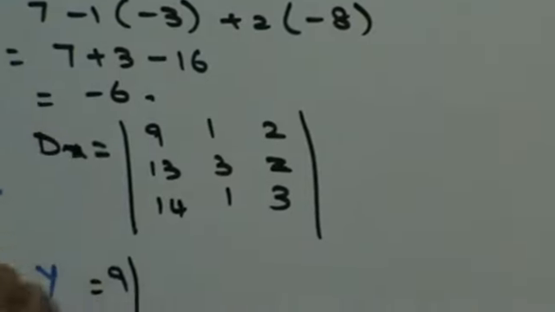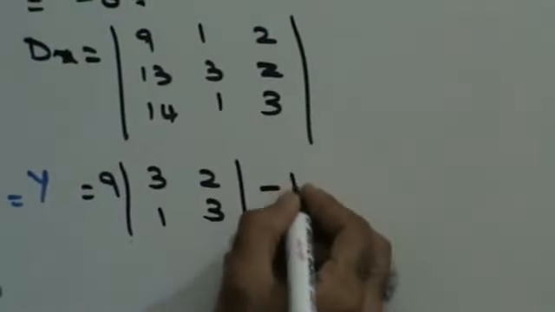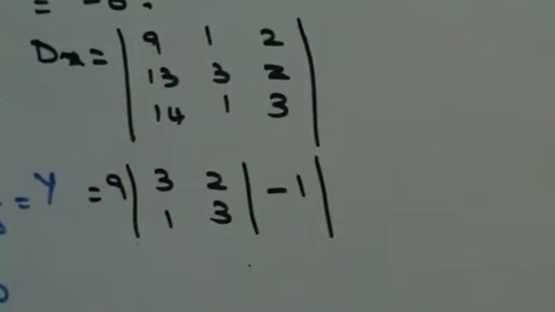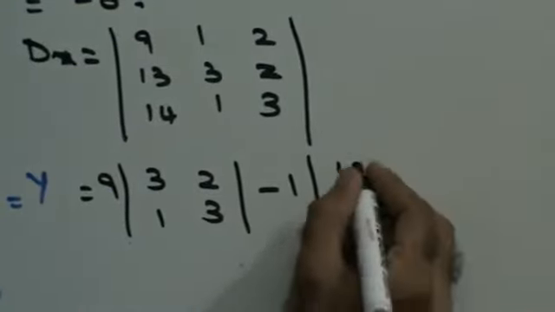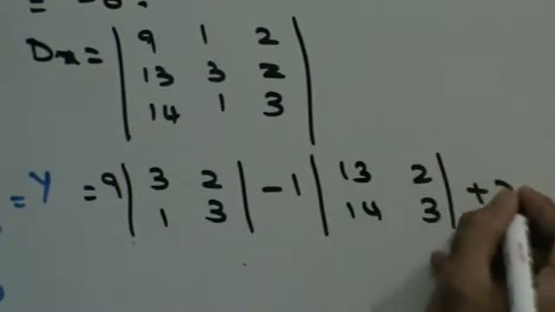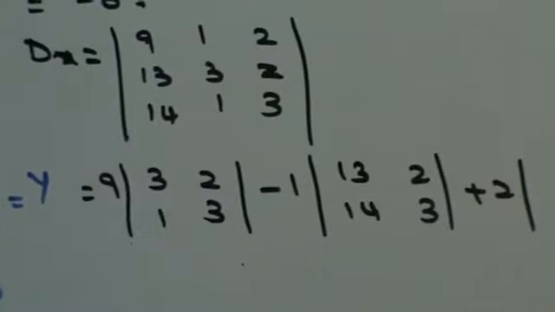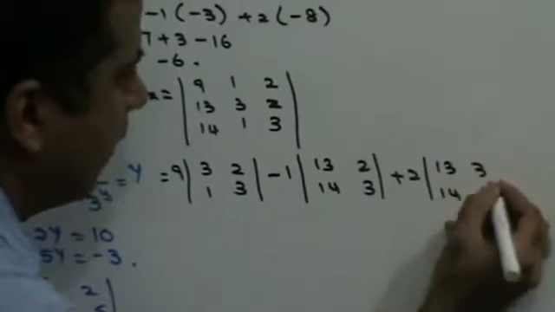I cannot take the first row and the first column, so 3, 1, 2, 3, minus, take the second element of the first row. I cannot take the first row and the second column, so 13, 14, 2, 3, plus 2. Take the third element of the first row. I cannot take the first row and the third column, 13, 14, 3, 1.